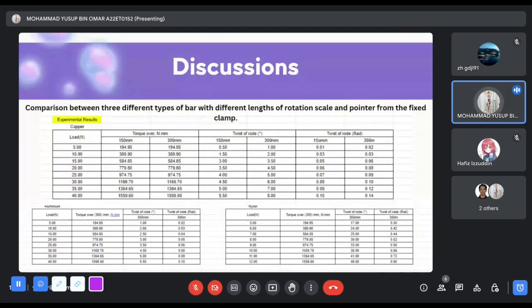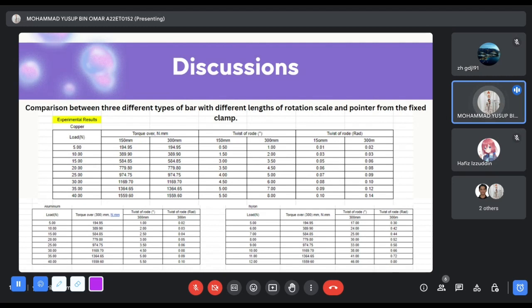So about the comparison between three different types of bar and different lengths of the rotation scale and pointer from the fixed clamp. From this table, we can conclude that when the distance from the fixed clamp increases, the rotation of the material of the bar also increases.